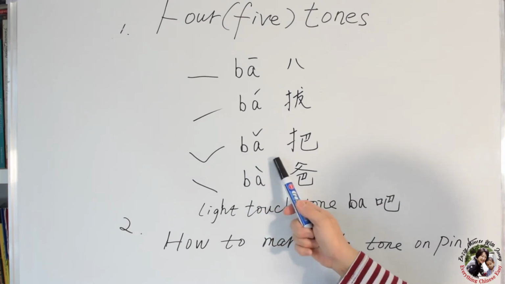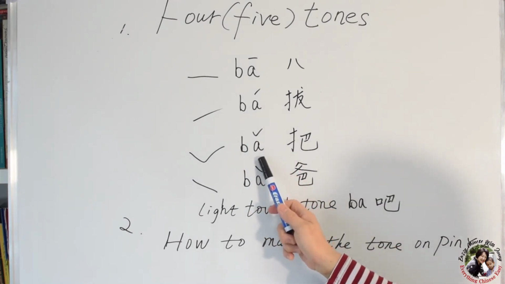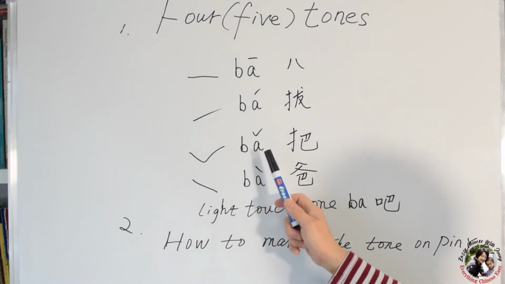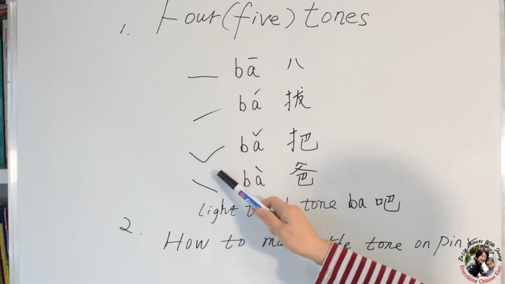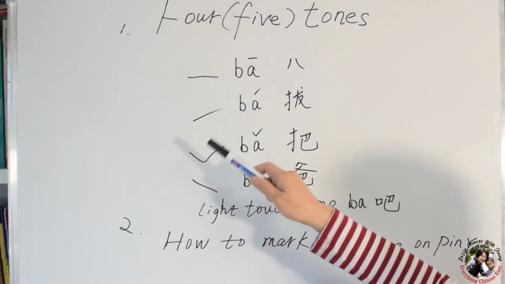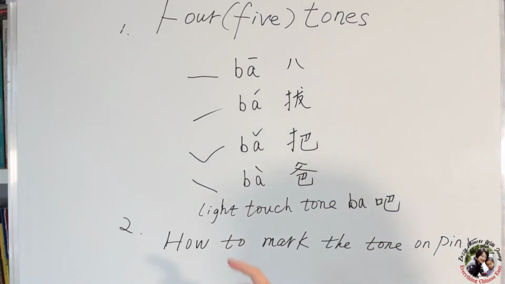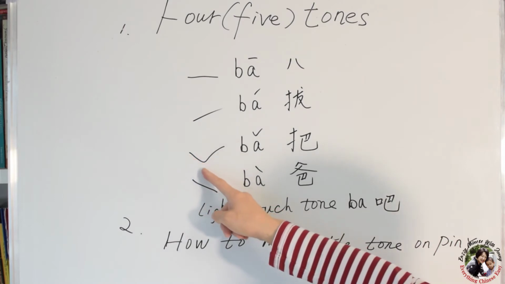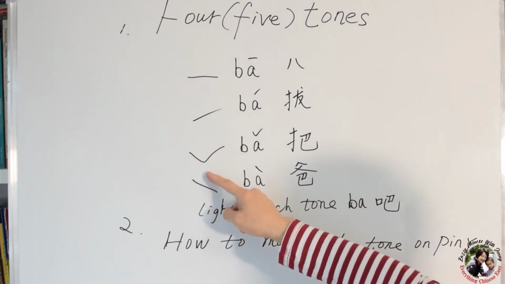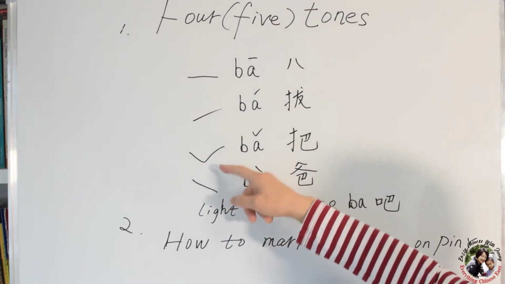The third one, b, a, ba. You see the sign is like a check mark. It means at the beginning, your voice box goes down and then finishes by going up.